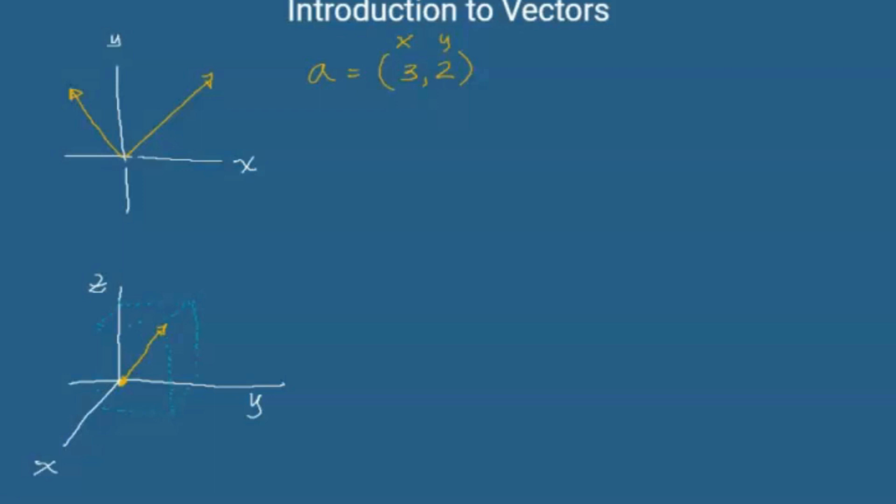If we have a 3D vector, we have the X component, Y component, and let's say 4 as our Z component. Also, it can be represented with an arrow to show that it is a vector. And sometimes they use this notation. So for 3D, we can write that as 3, 2, 4.